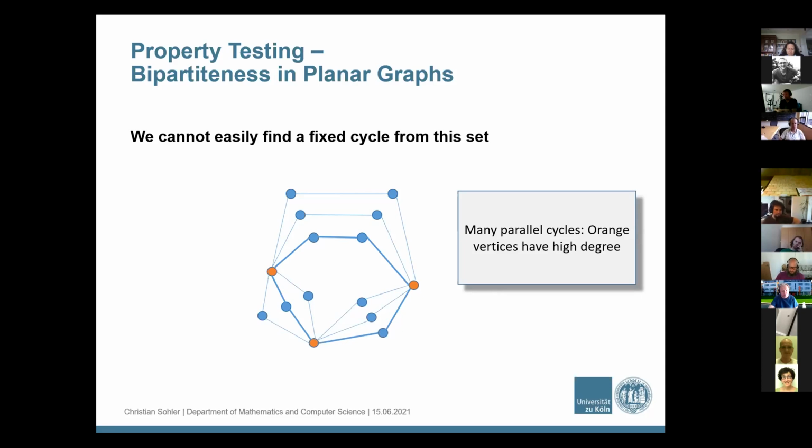Well, one can do it, but the probability will be very small because each of the orange vertices has a very high degree. At the same time, it's not very hard to see that for this example graph, it is very easy to find an odd length cycle because you just have to walk around the graph once. So that's going to happen easily. So the question is just, how can we argue that this is always happening? And we were using this example quite a lot to see whether approaches were working or not.